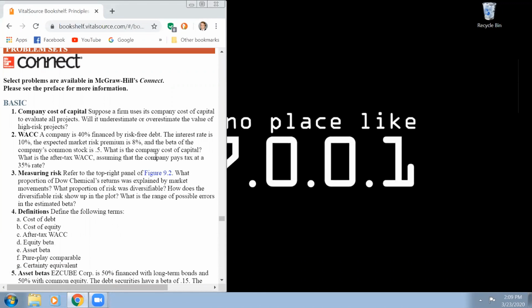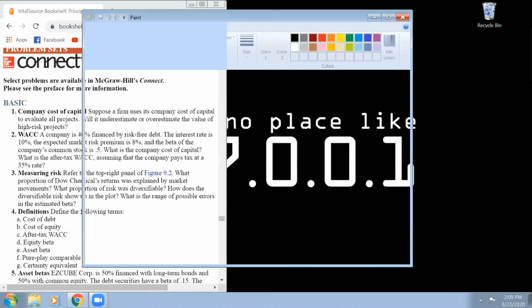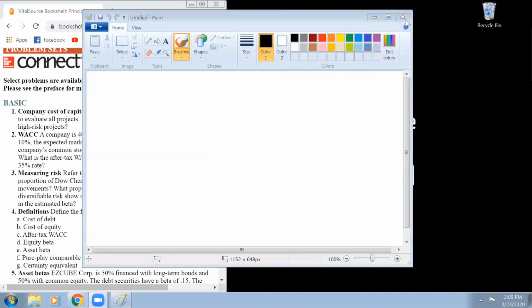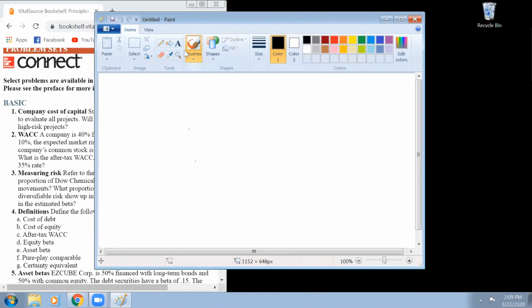I ran out of video space there, but we just calculated the company cost of capital, not the WACC. So we didn't factor in taxes there. Now we're going to do that. For WACC, the formula is a little different. You're still going to have the debt to value, that's D over V, and you're going to multiply that by the cost of debt.